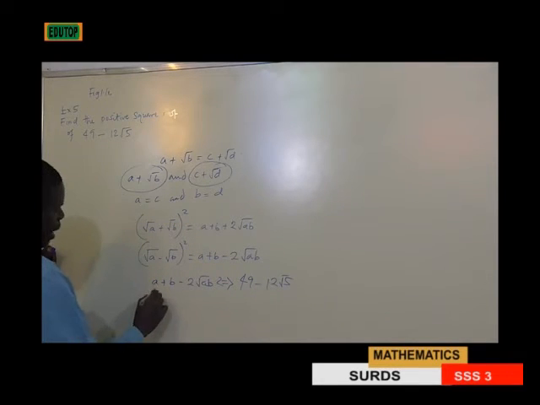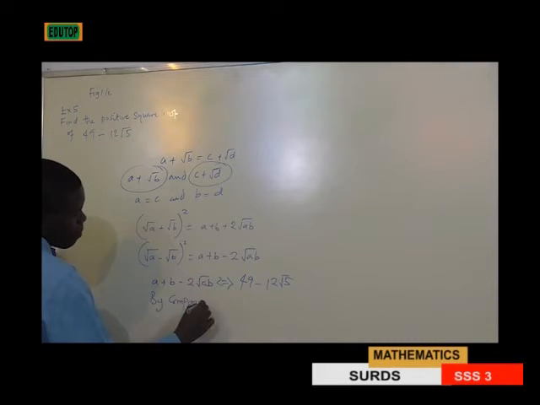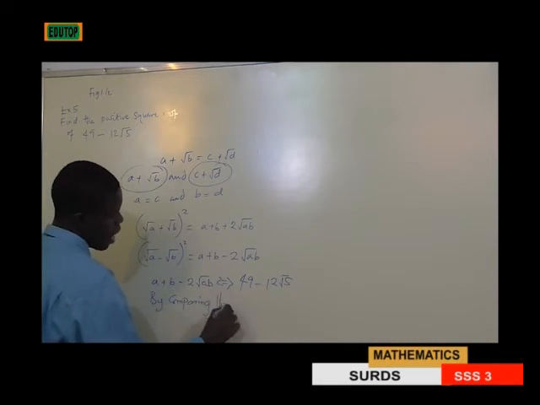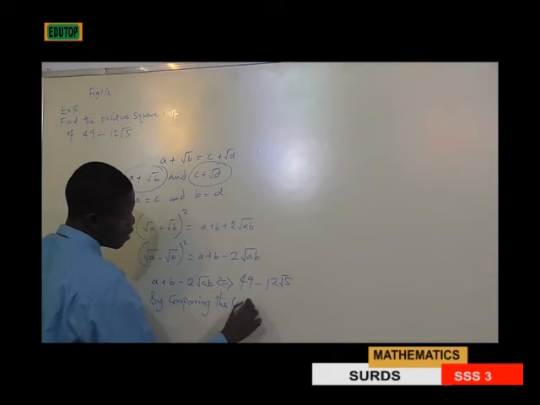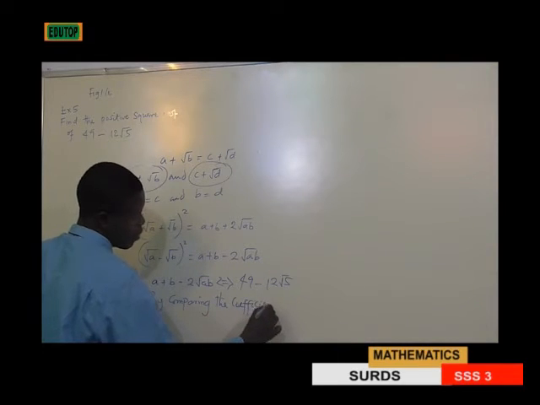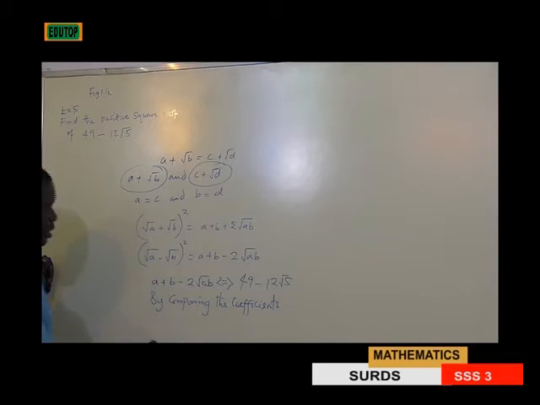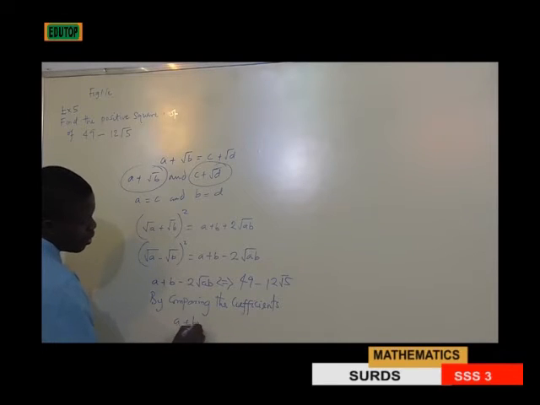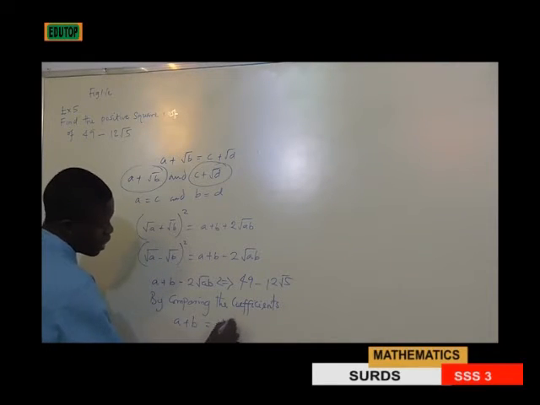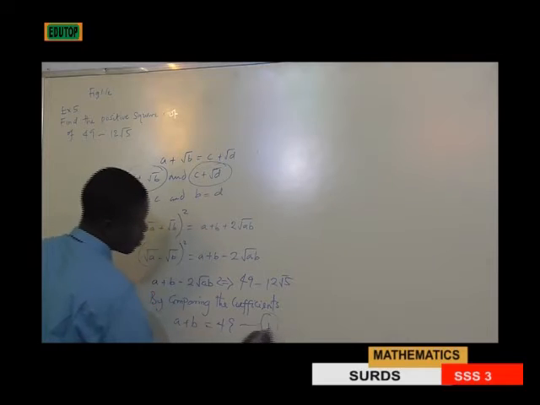Now, by comparing the coefficients, we will discover that A plus B will definitely be compared with 49. That's equation 1.